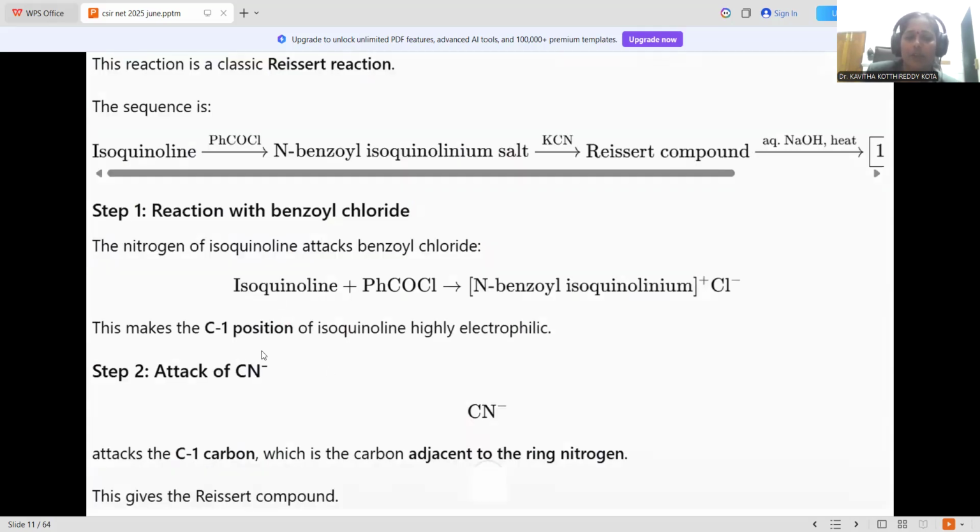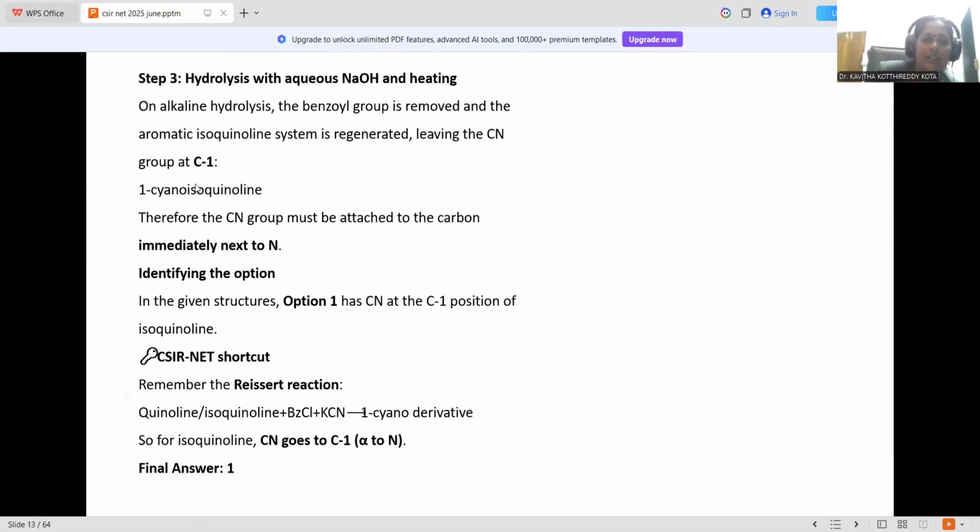Let me show how it is possible. If isoquinoline and benzoyl chloride are added, benzoyl isoquinolinium chloride, such a salt, is formed. Further, nitrile is the nucleophile, so whenever potassium nitrile is added, the C1 carbon has more provision for such a Reissert reaction. The nitrile group goes specifically toward carbon number 1, so cyano substitution takes place at the first position, and 1-cyano is generated.